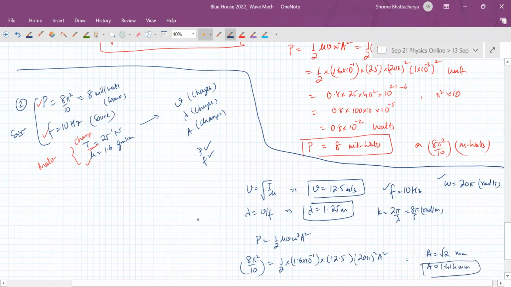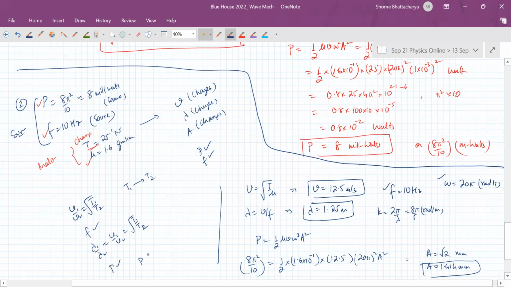So there's no need to complete this calculation actually. You can understand it this way, that V1 by V2 will become square root of T1 by T2, because tension has changed from T1 to T2. Okay. And everything else has remained the same. Frequency is same. So lambda 1 by lambda 2 will be equal to V1 by V2, the square root of T1 by T2. And power is remained the same.